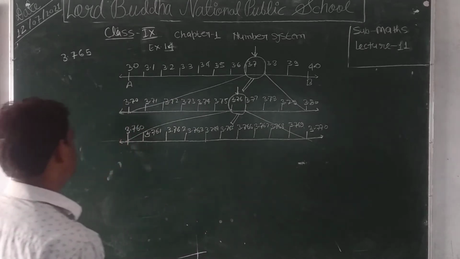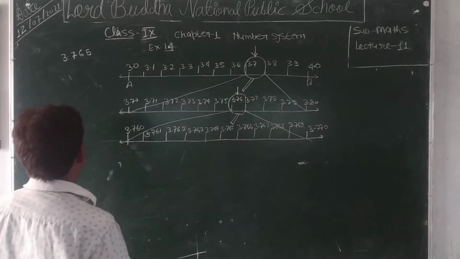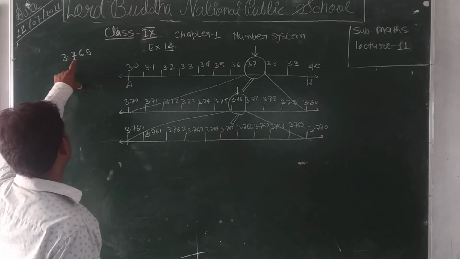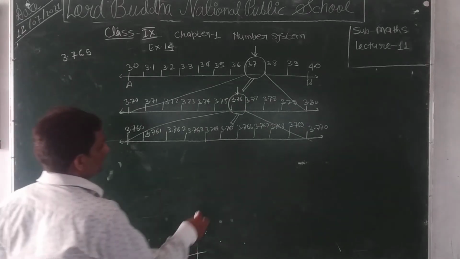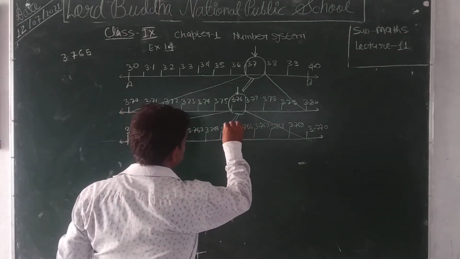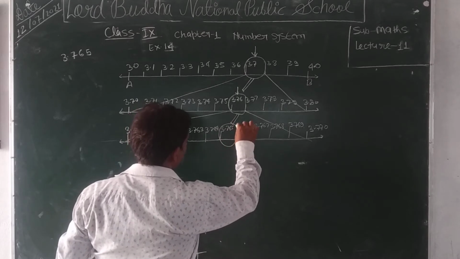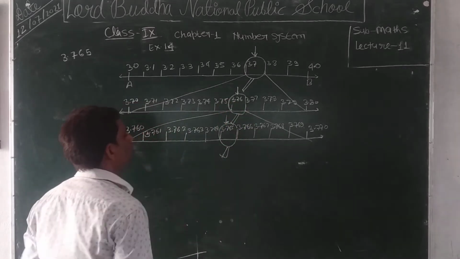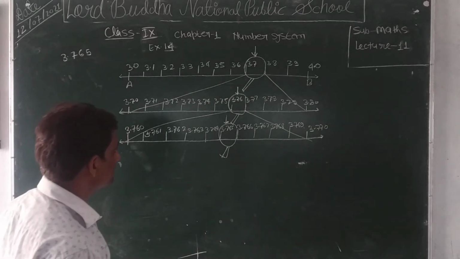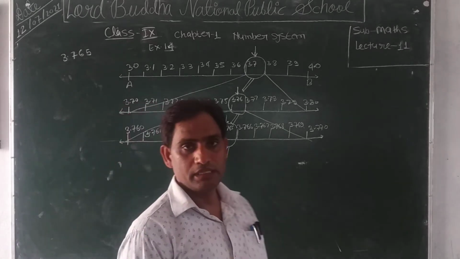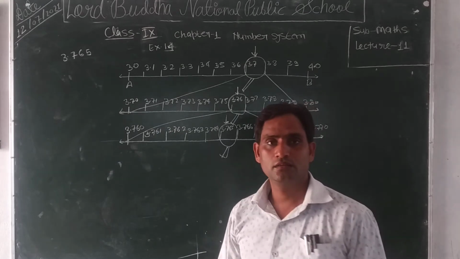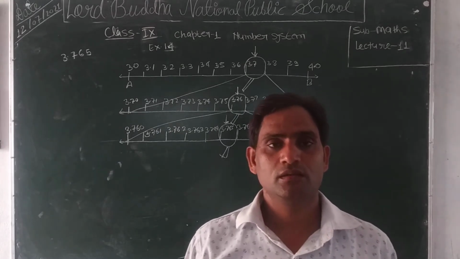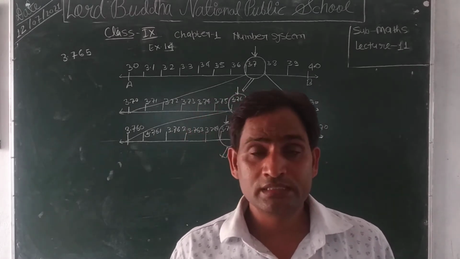Clear? Now we have to write 3.765. Hence, this is the point, this is our required point 3.765. Clear?